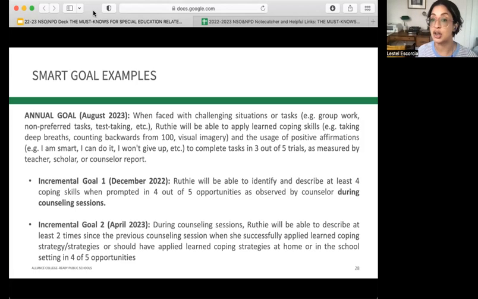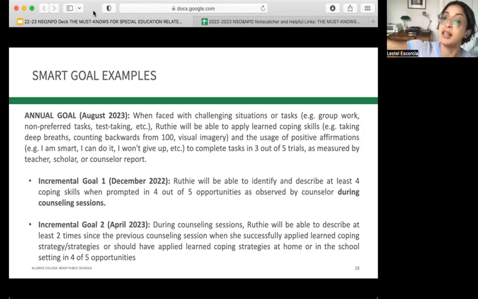We're not expecting her to apply them just yet. She might start practicing that, but what we expect her to do in the span of 4 months is, within counseling session, be able to identify and describe at least 4 coping skills when prompted. So that's the lower level of difficulty.